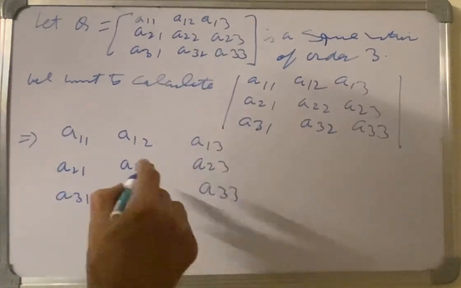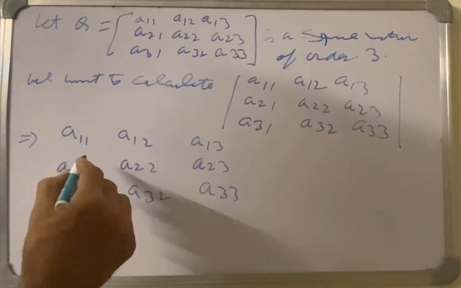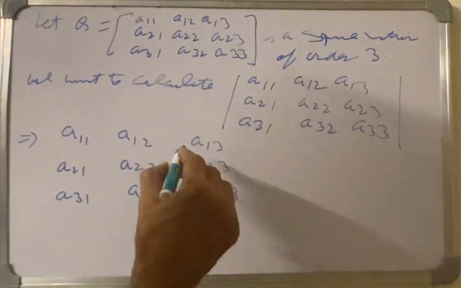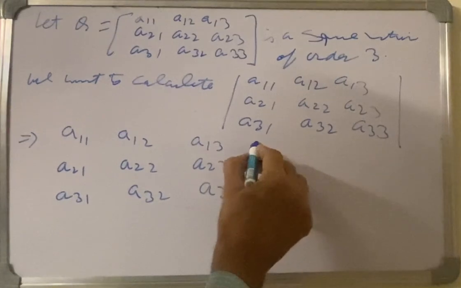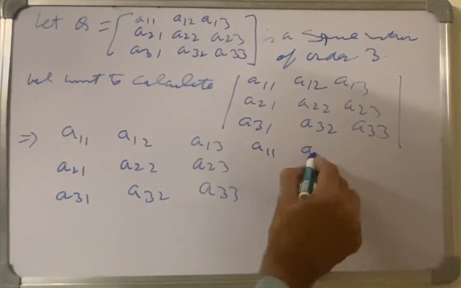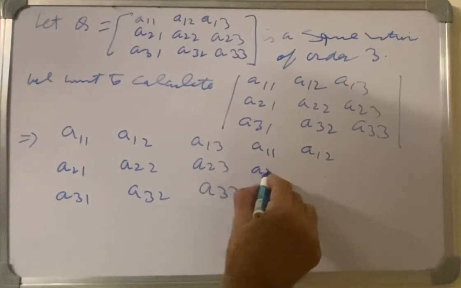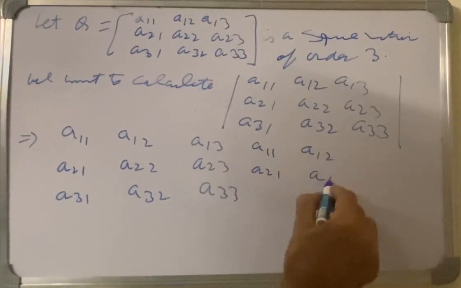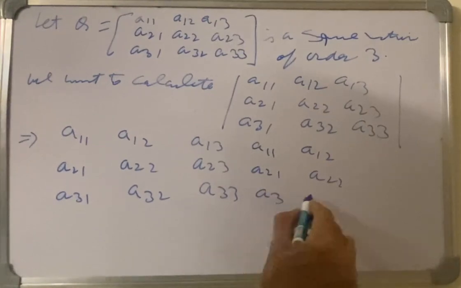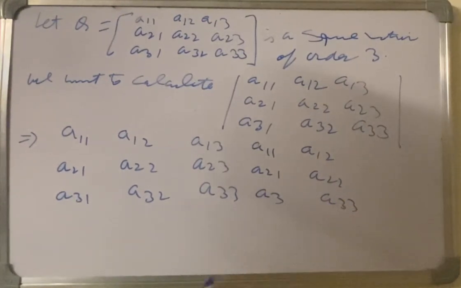We shall enlarge this determinant by adding the first two columns A11, A12, A21, A22, A31, A32.